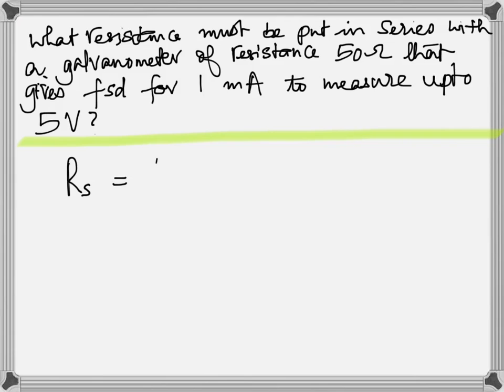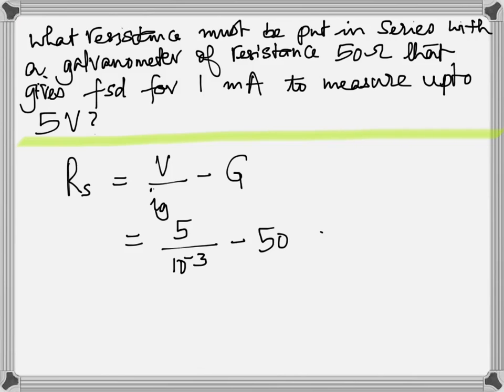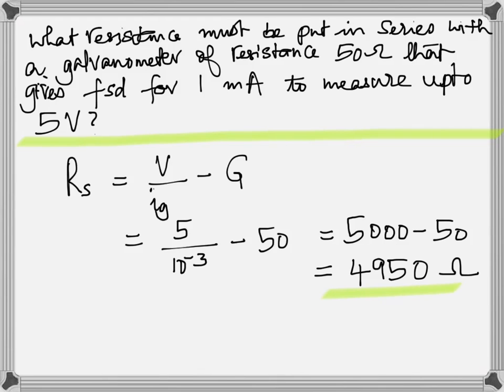So that's the formula. And you see how you get a big number, because 5 by 10 to the negative 3 is 5,000. 5,000 minus 50 becomes 4,950 ohms. You got to put that in series with it to make it measure up to 5 volts.